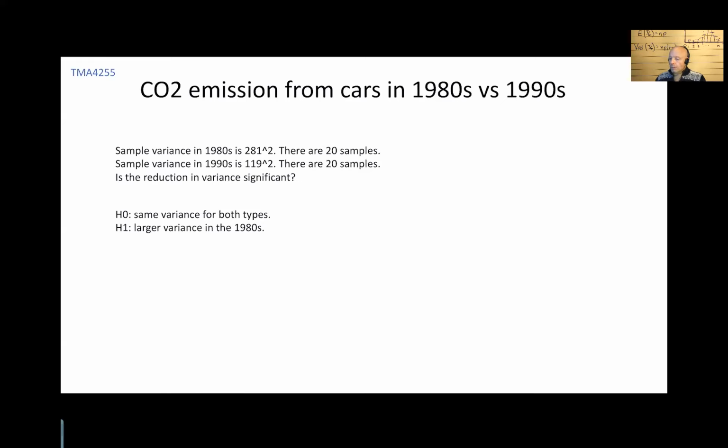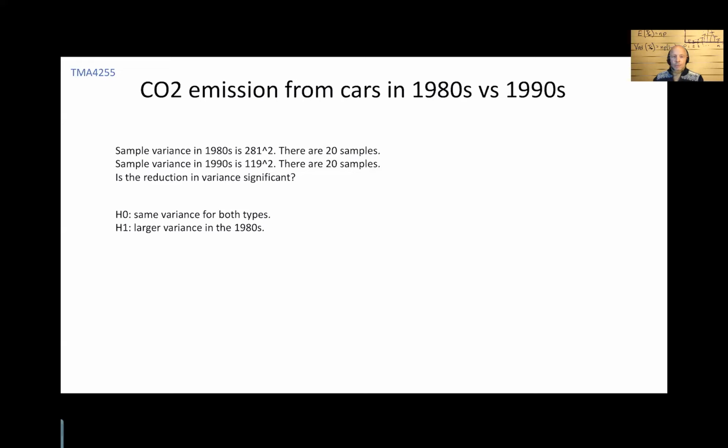For cars in the 1980s there are 20 samples, and for cars in the 1990s there are also 20 samples. We assume that these are made under ideal conditions, are independent, and are Gaussian distributed with some mean parameter and a variance parameter. The interest here is to look at the variance.